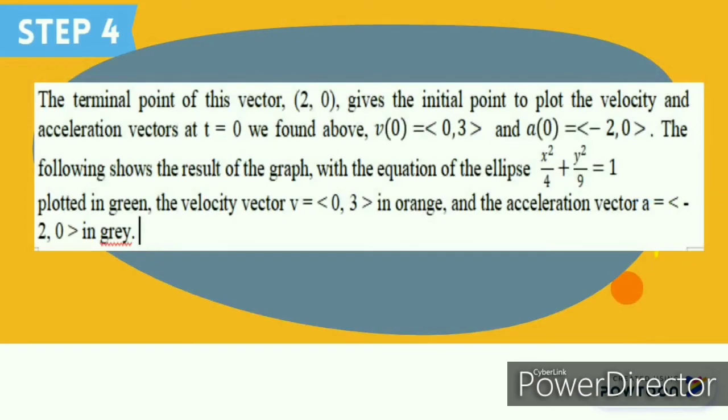We found that when t equal to 0, v is 0, 3 and a is -2, 0. The following shows the result of the graph with the equation of the ellipse x squared over 4 plus y squared over 9 equal to 1. Plotted in green, the velocity vector v, 0, 3 in orange, and the acceleration vector a, -2, 0 in grey.